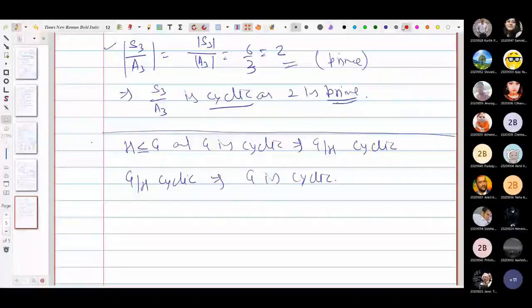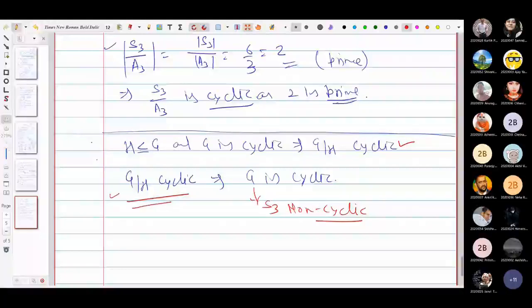So we considered G by H is cyclic, but G in our case was S3, non-cyclic. I mean to say that even if the quotient group is cyclic, we cannot say in general that G should be cyclic. This is the converse part.